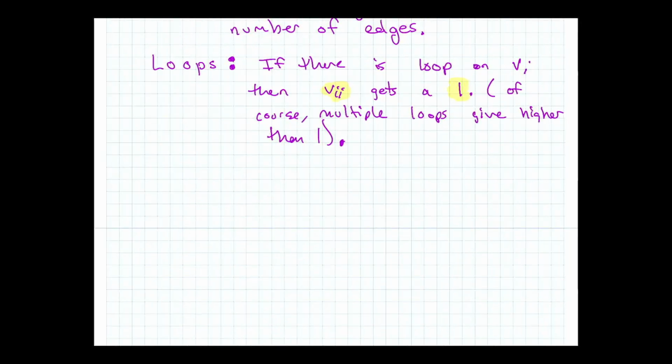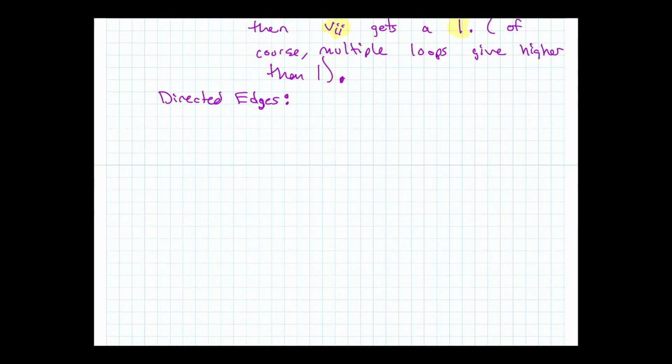Now, what about directed edges? There's also nothing special about directed edges, except that you just have to remember what the convention is and remember how the matrix is defined. So if there is an edge from vi to vj, right?